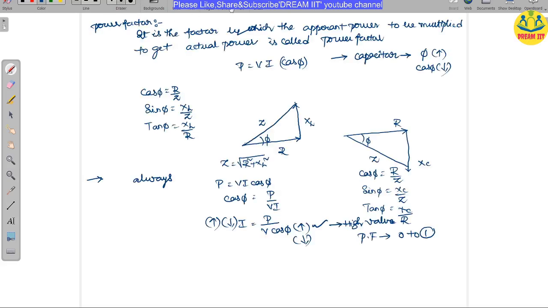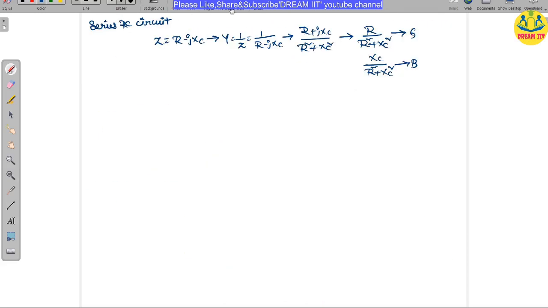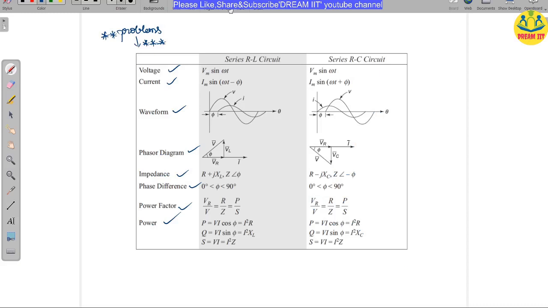Now let us see all the formulas we have studied up to this point. This is the end of Part A, and you can see all the formulas we have studied. See the formulas I have already given for the series RL circuit and series RC circuit.